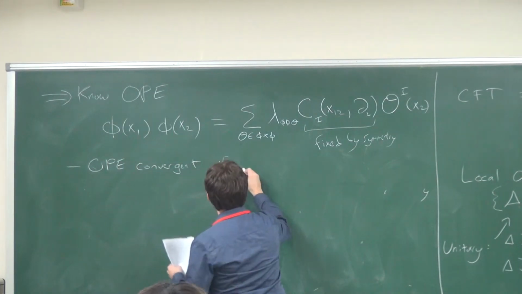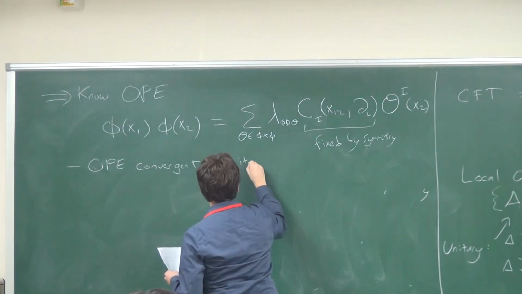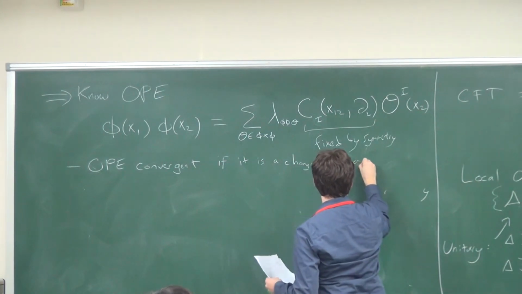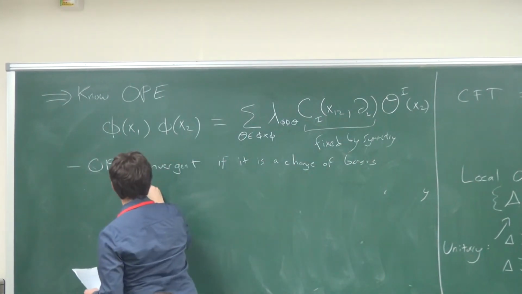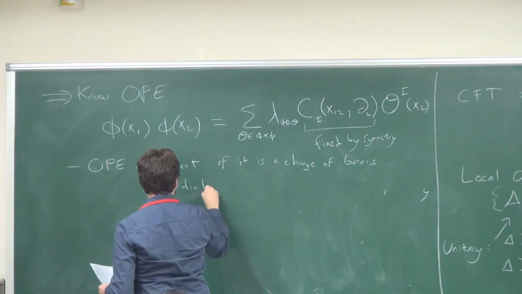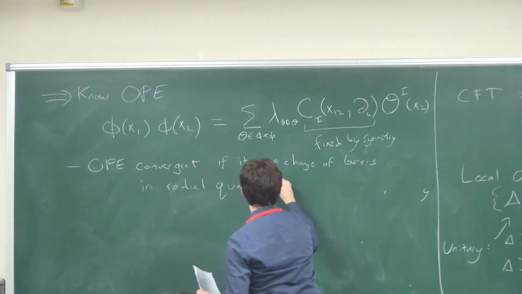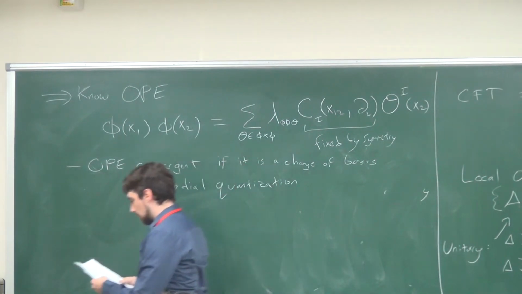Okay, so let me write that down. If it is a change of basis in radial quantization. So what does this mean?